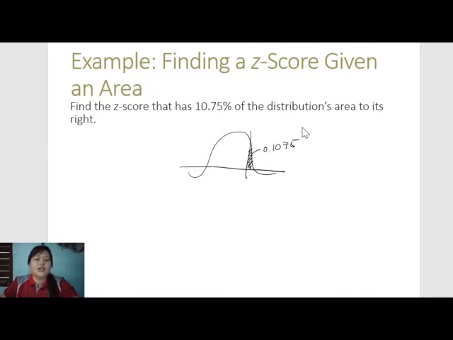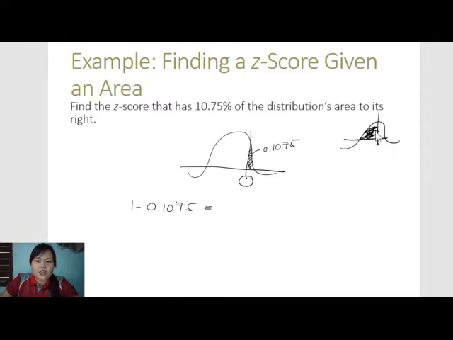0.1075. So to get this z-score, since it is to the right, we need to do 1 minus. Note that the z-table, the standard table of z, always shows the area to the left.